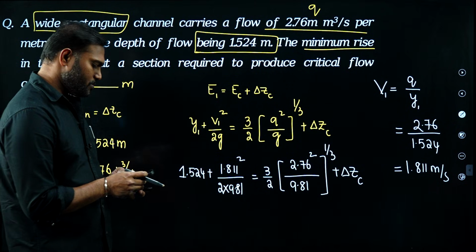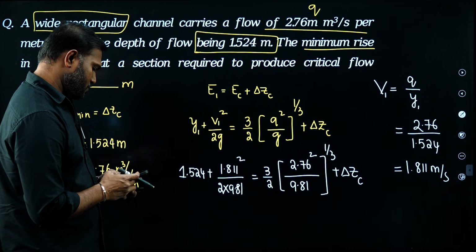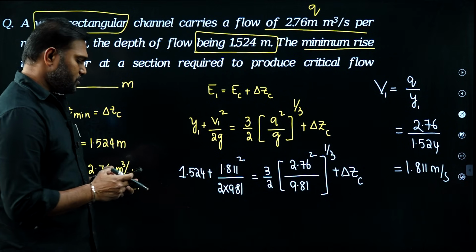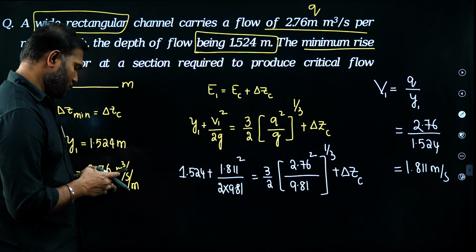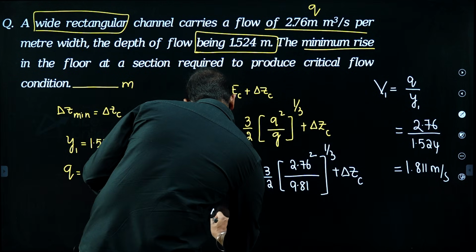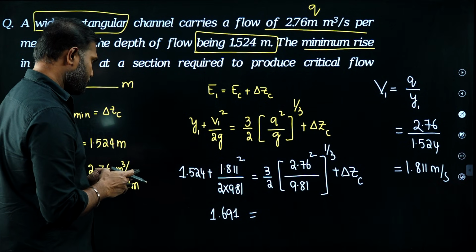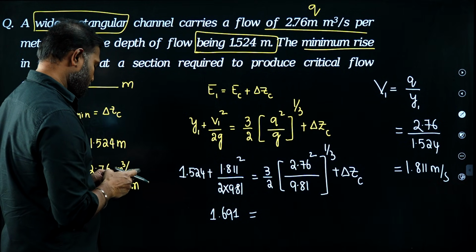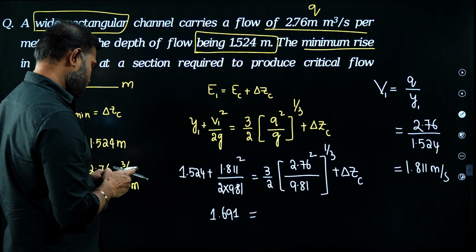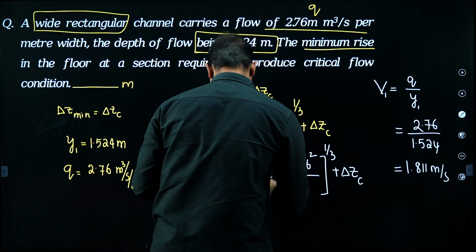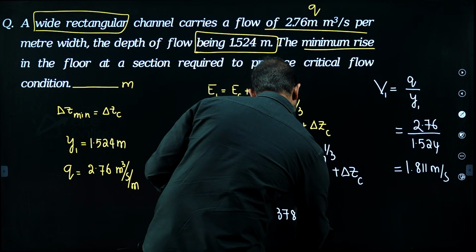So now you can see V square by 2G, 1.524, now 1.691 is equal to 1.378 plus delta ZC.